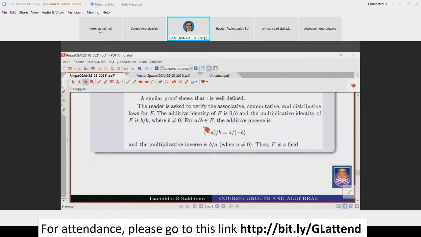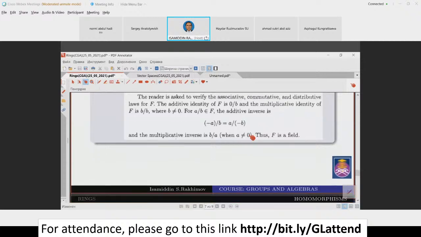Then if you have A over B, the additive inverse of A over B is minus A over B, or A over minus B. Doesn't matter. Then the multiplicative inverse of A over B is B over A, because B is not 0.